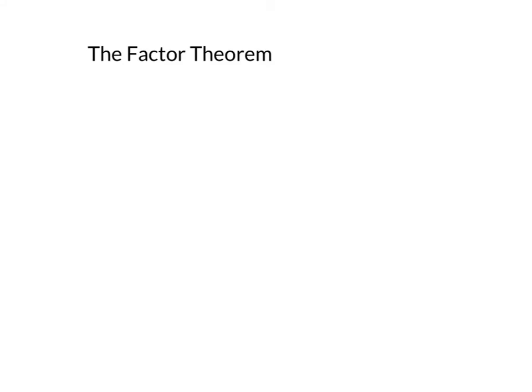What is a factor? Today we're going to talk about the factor theorem, and we want to look at what it means to be a factor. A factor is a number that divides evenly with no remainder.